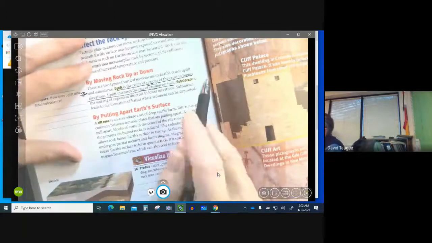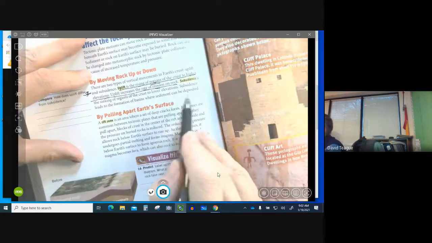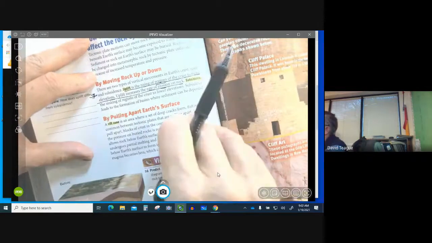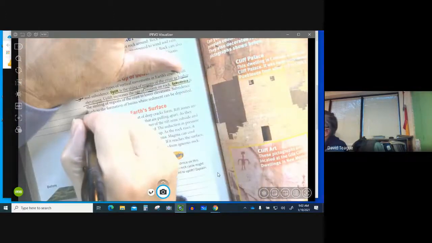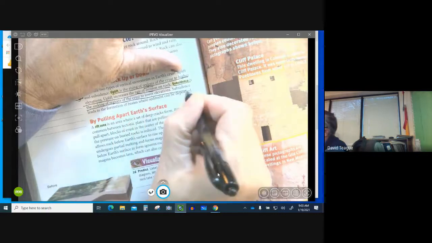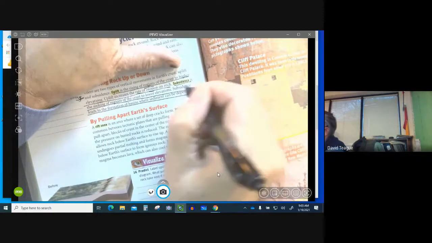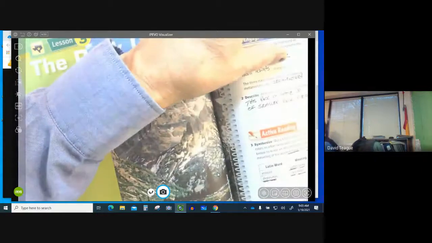Uplift, subsidence. Subsidence is the sinking of regions of the crust to lower elevations. Subsidence leads to the formation of basins where sediment can be deposited. So we're going to underline that. So we're going to put a star by that. All right, so that's subsidence. And then rift zone.